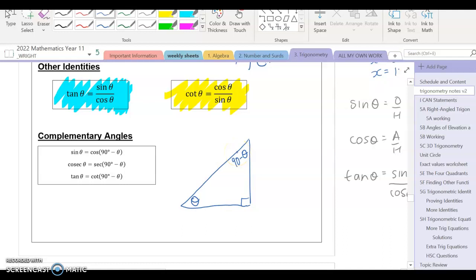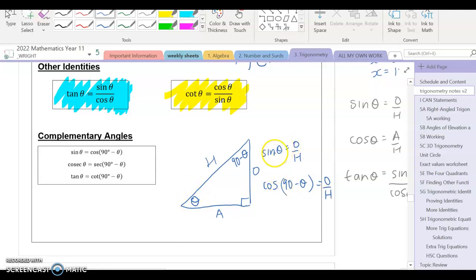Now, sine of theta is equal to opposite on hypotenuse. Pop adjacent in there as well. And cos of 90 minus theta, sorry, is going to be adjacent on hypotenuse, which is also opposite on hypotenuse, based on the other theta.